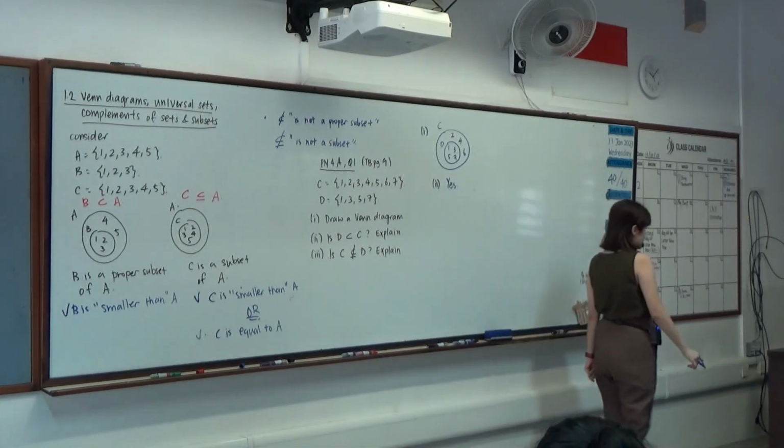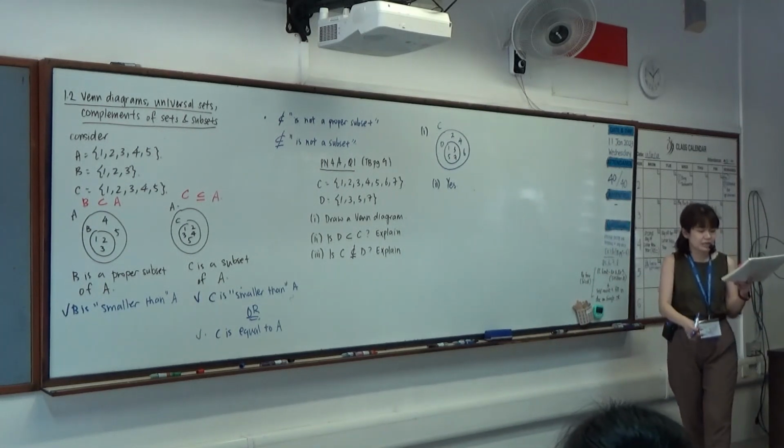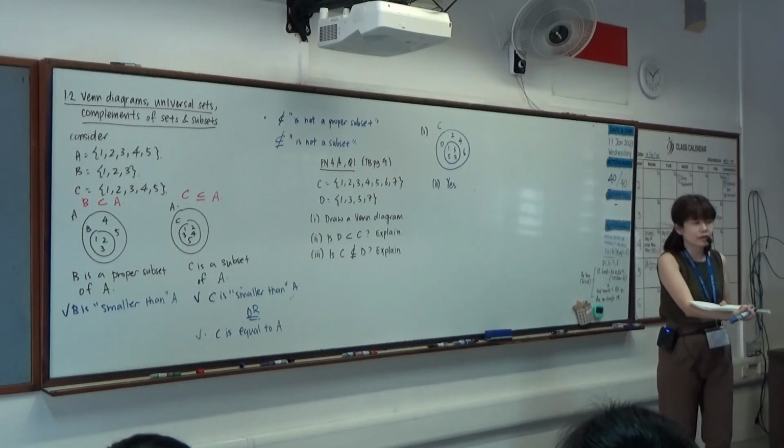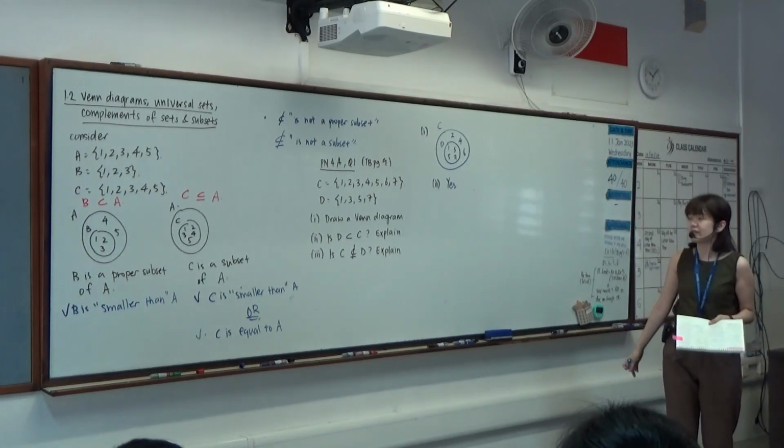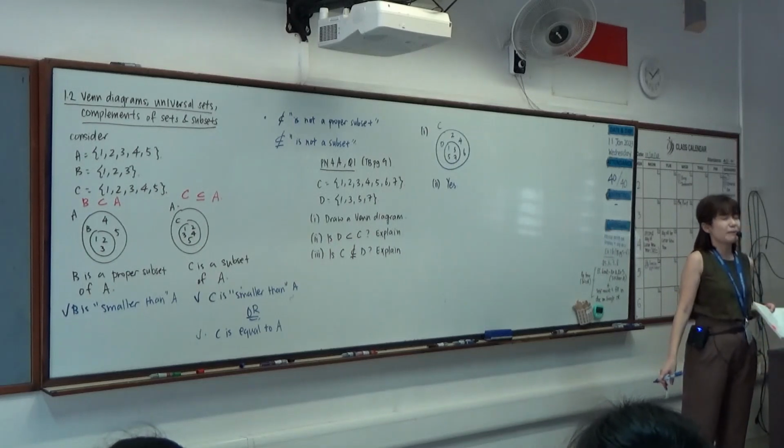In order to explain, we try to stick by the definition and talk about the elements, rather than try to describe the picture. Describing the picture is not mathematically accurate.